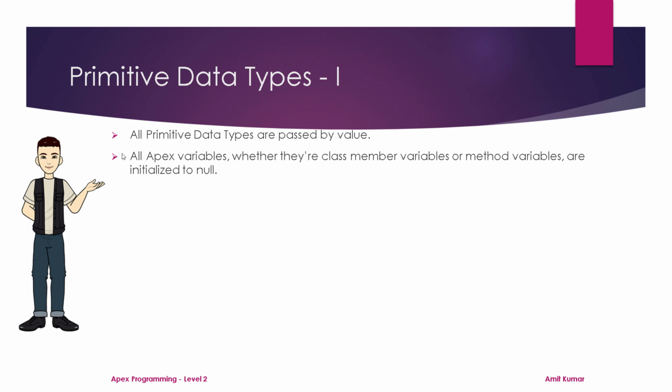Whatsoever variable you are going to create in Apex, they are always initialized to null if we don't initialize them. Make sure that you initialize your variables to appropriate values before using them. As I told you, if you are not going to initialize Apex variables, they would be by default null. So make sure before using them, you have initialized them.